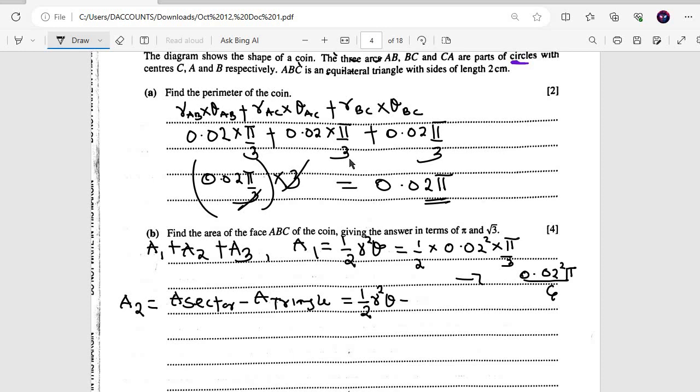What is the formula to calculate the area of an equilateral triangle? The area of an equilateral triangle is s squared root 3 divided by 4, where s is the length of the side, which is 2 centimeter all through.